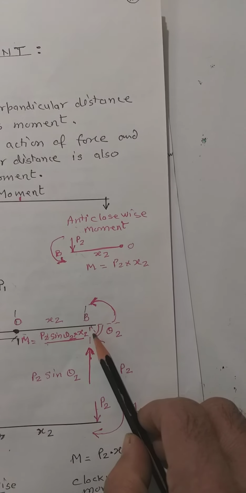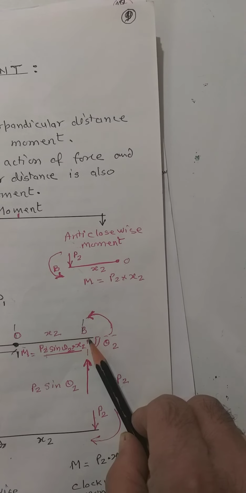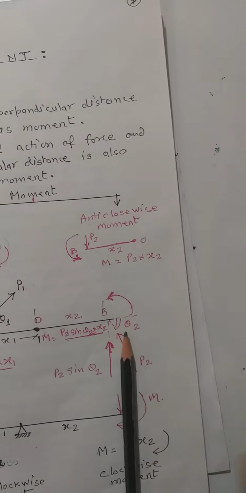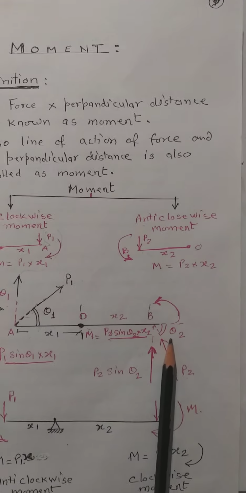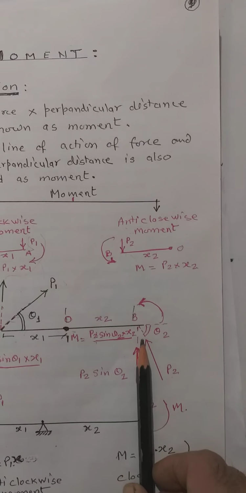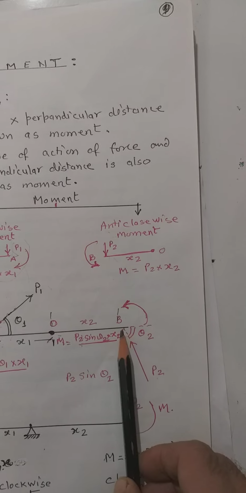And the vertical perpendicular magnitude will be P2 sine theta 2. P2 sine theta 2 is acting in this direction. This distance is x2.